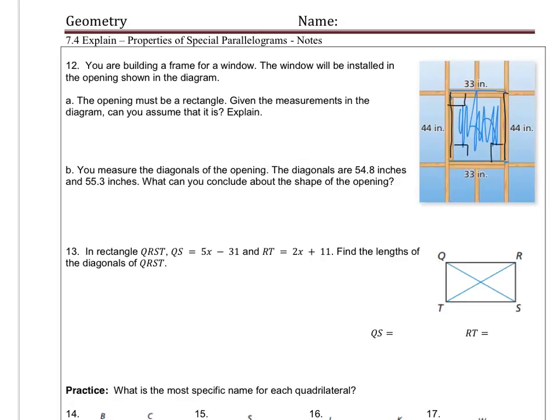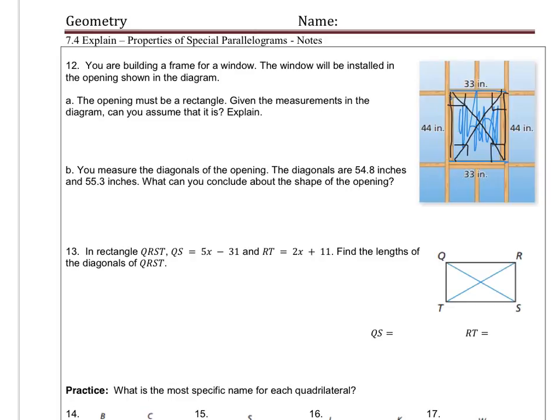So if we have 4 right angles, we would conclude that it would be a rectangle. But how do we know that those are right angles? Couldn't you draw the diagonals, and wouldn't that make 2 right triangles? Then I could draw the other diagonal and make another set of right triangles.